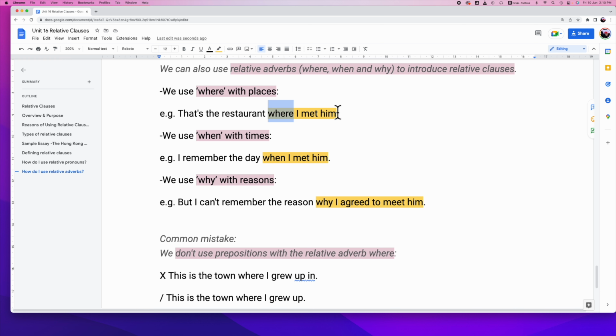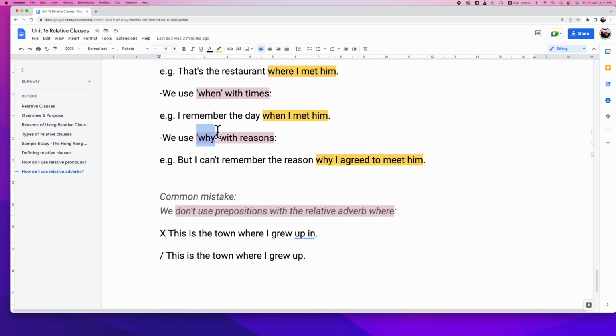Where I met him, this relative clause is telling you more about the restaurant we are talking about. We use when for time. I remember the day when I met him. When I met him is telling you more about the day. And why is for reasons. But I can remember the reason why I agreed to meet him.